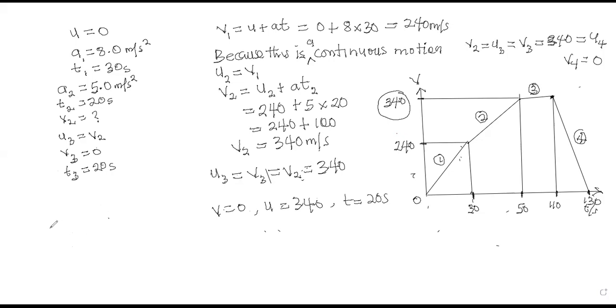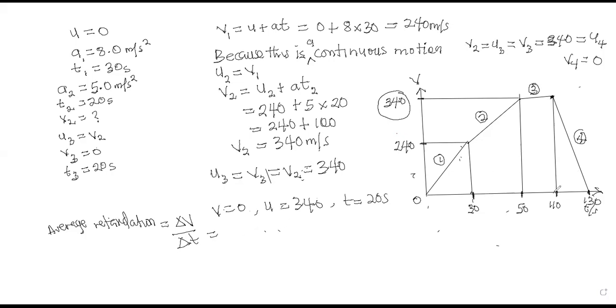So average retardation or deceleration is equal to the slope of the fourth part of the motion. And the slope is that change in the vertical. Don't forget, retardation is acceleration but negative. So what is the change in the vertical?